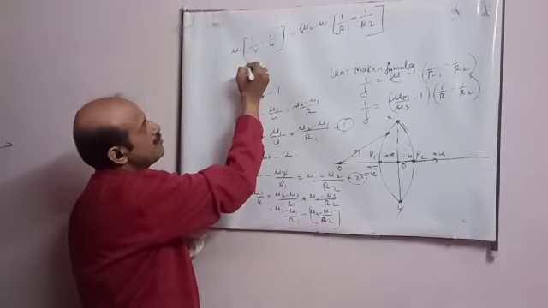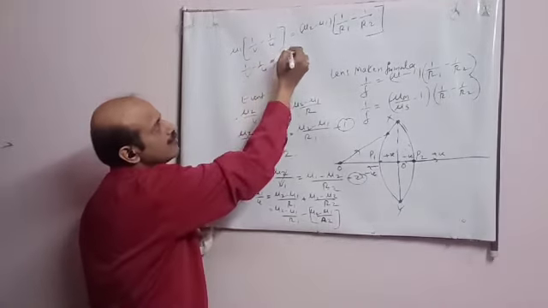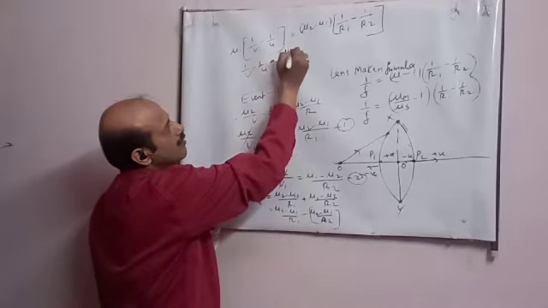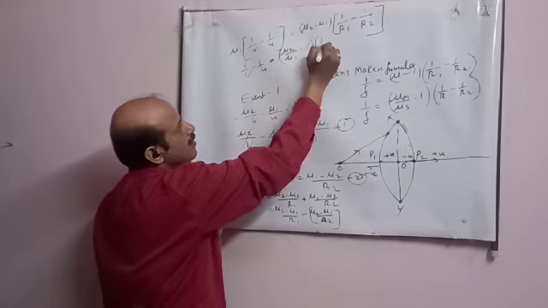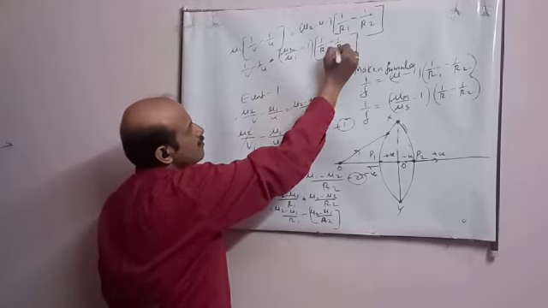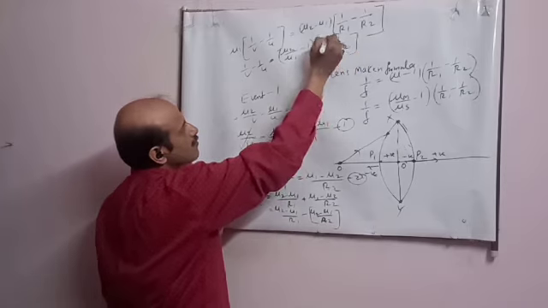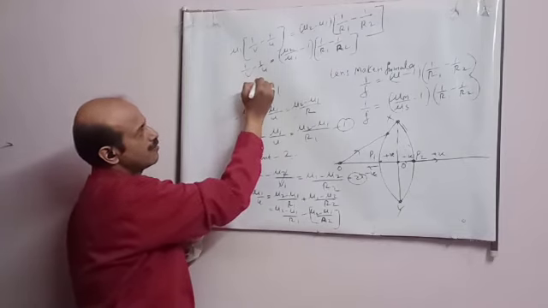Now, student, this becomes 1 upon v minus 1 upon u is equal to mu2 upon mu1 minus 1, times 1 upon r1 minus 1 upon r2. Now, student, this is 1 by f.